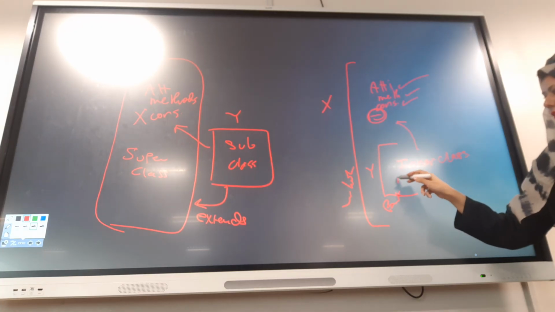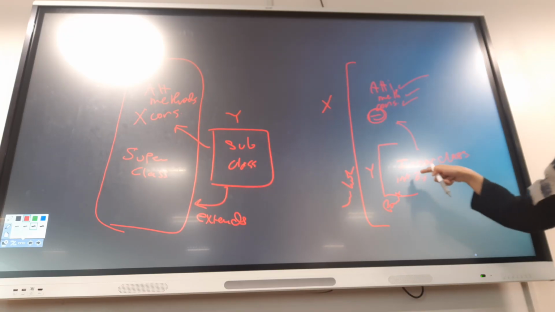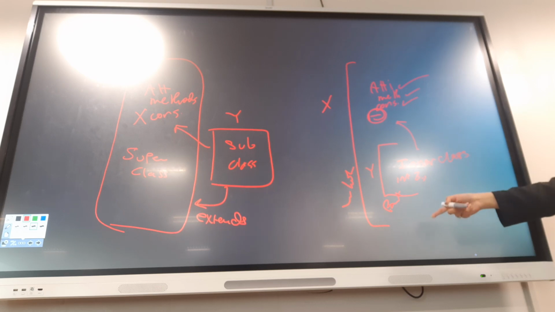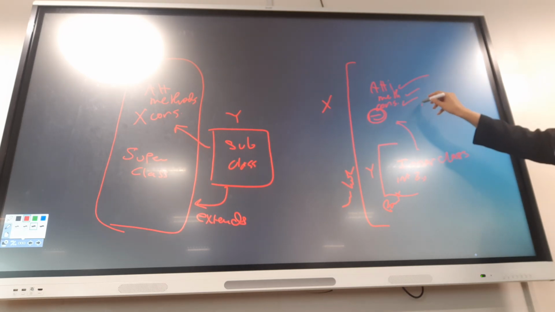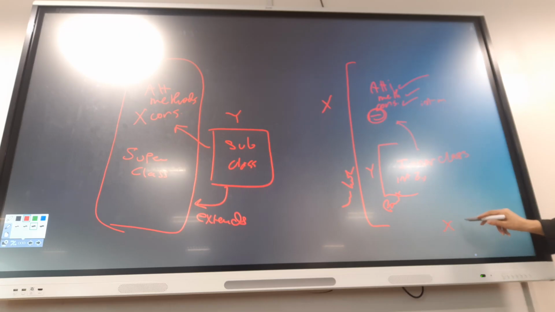Let's assume here I have int C, for example, inside the inner class. Can I still access this? How would you do it? So here, if I have M, I would just say X dot M, right? But if I want to use Z, I would say X dot Y dot Z.